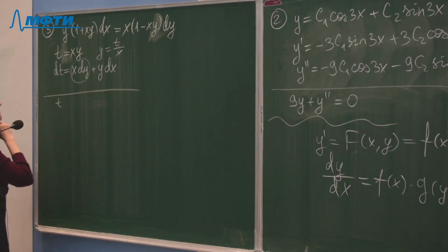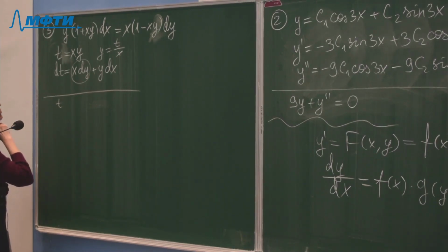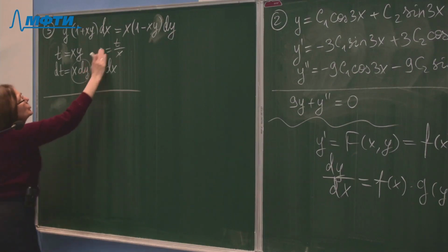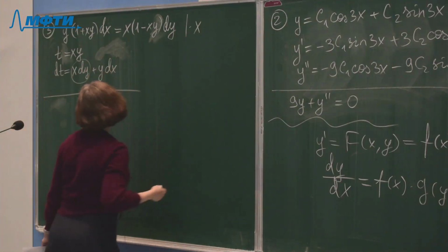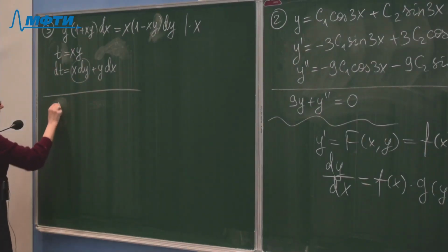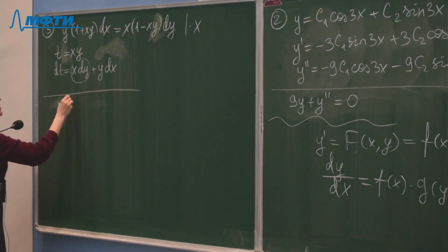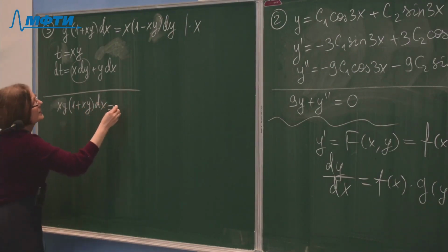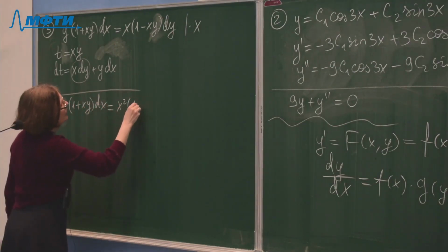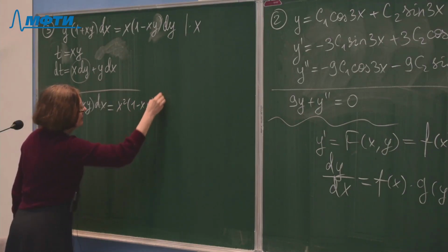Maybe it's better to multiply by x, I don't want to divide. Let's multiply this by x, and we will come to the following: xy times (1 plus xy) dx equals x squared times (1 minus xy) dy.